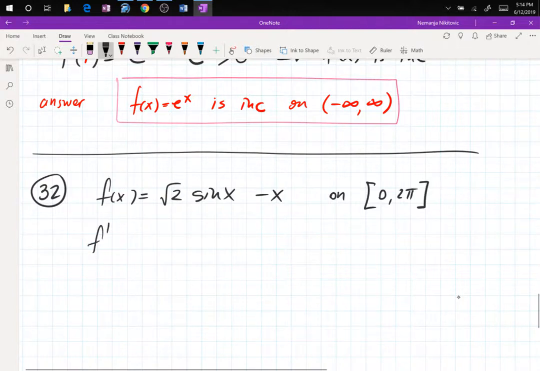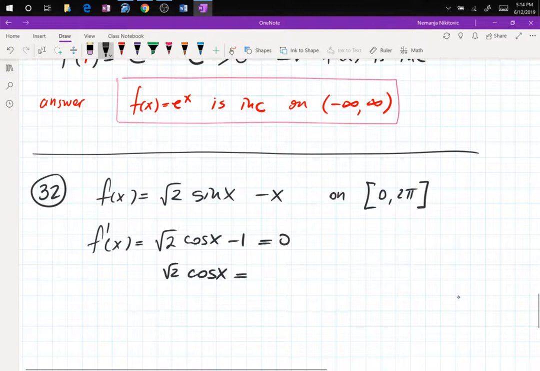For critical numbers, we first have to find the derivative, which is square root of 2 cosine x minus 1, and we set this equal to 0. We have a trigonometric equation, probably the cheapest and easiest you can get, because now cosine x is equal to 1 over square root of 2, which is actually square root of 2 over 2.